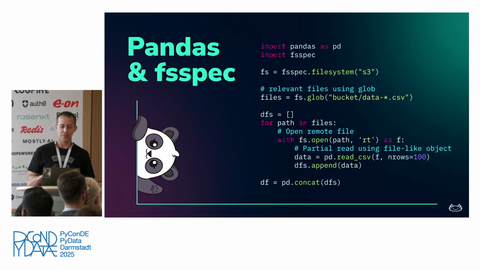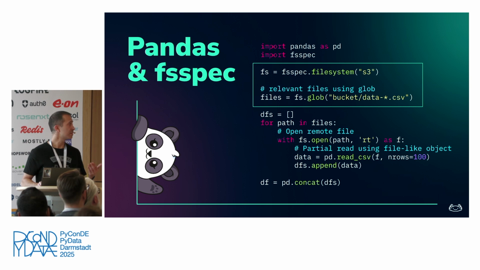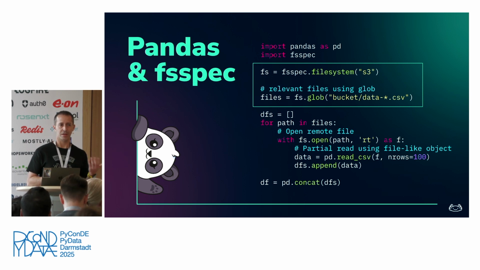In this example, we are using the fsspec S3 file system in order to build a toy data loader. The key thing here is to access the file system using S3. If we go through the code, we are listing files in the bucket. We are iterating each file and using pandas read CSV, passing it a file-like object from the file system.